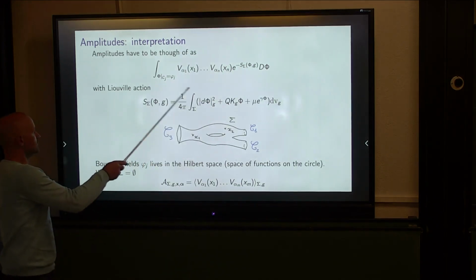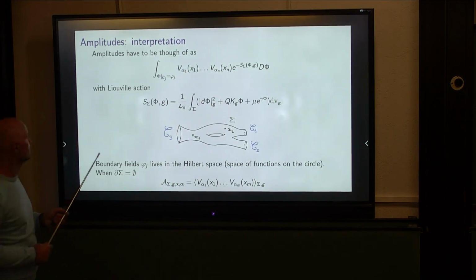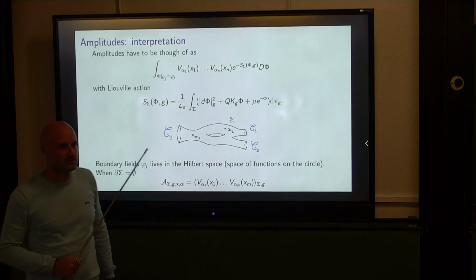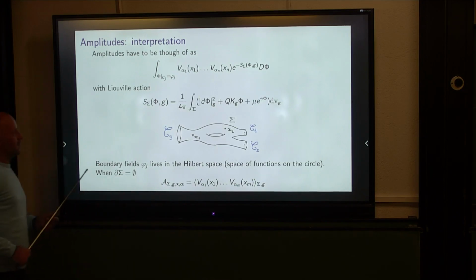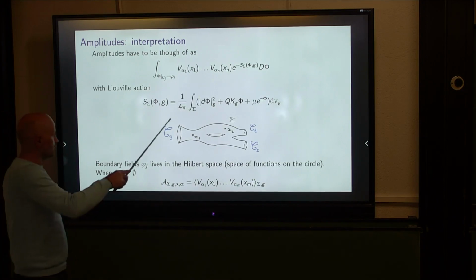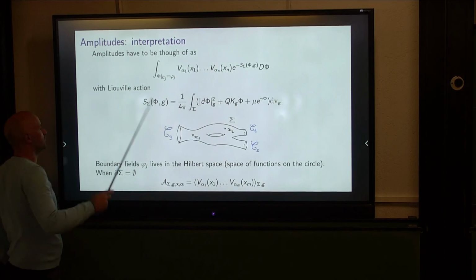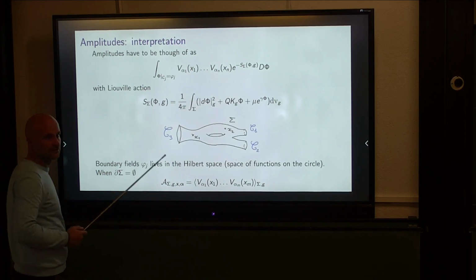This phi is a map from your manifold into R, and you want to fix the boundary value of your integration variable. Basically, these phi j are functions defined on the boundary circles, and you want your big phi here to match these fields on the boundary. So this is like a conditioning of a measure.